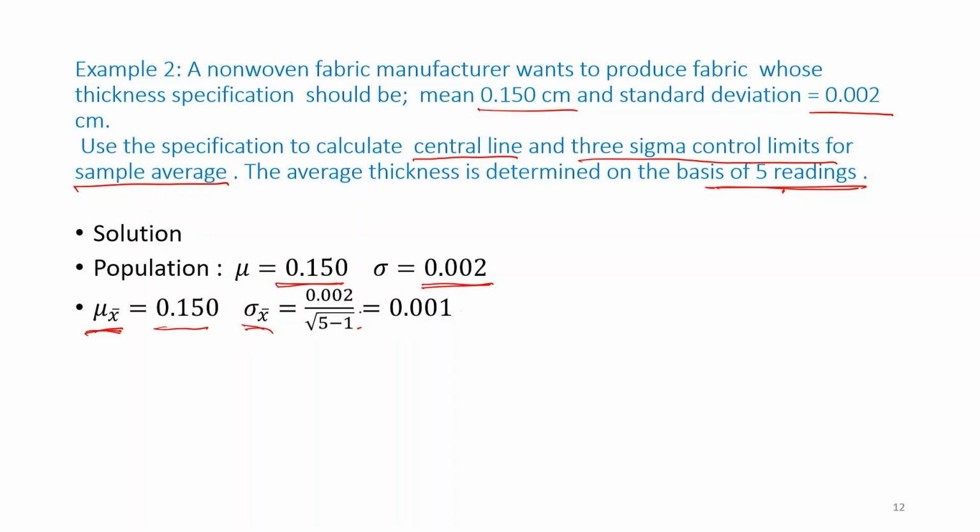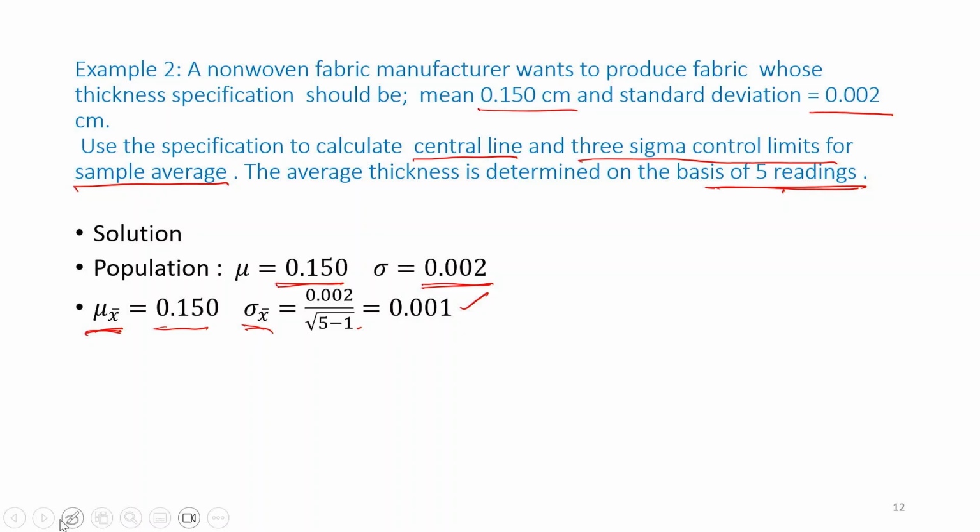Therefore, 0.002 by root over 5 minus 1 gives you 0.001. Root over 4 is 2, so the numerator is divided by 2, and we get 0.001. So you know both now.